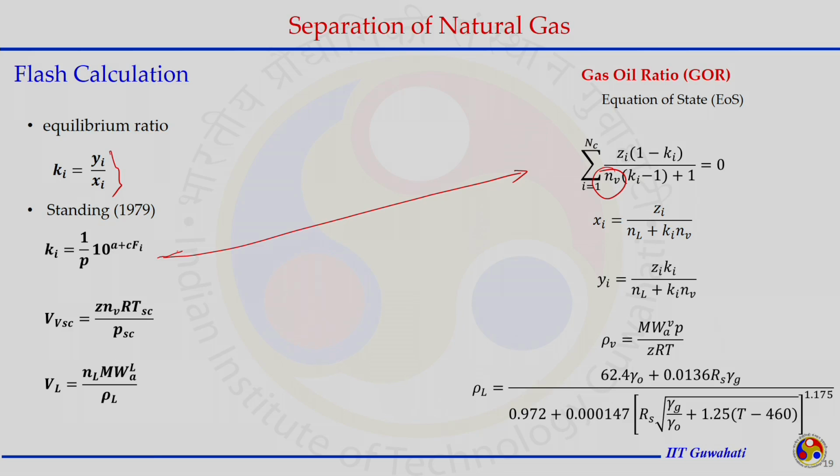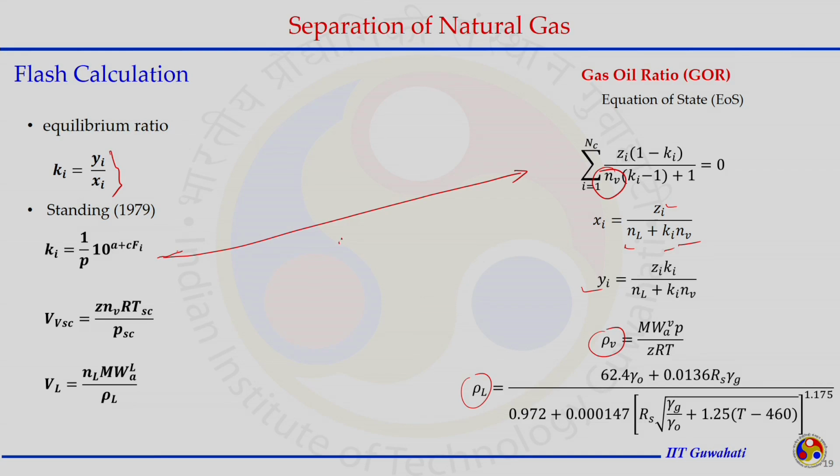Once we know Nv, we can know Nl. Knowing Nl, Nv, Zi, Ki for a particular composition, we can get the mole fraction in the liquid phase. Similarly we can get it for the vapor phase. Knowing all this, we can get the density of the liquid phase and the density of the vapor phase.